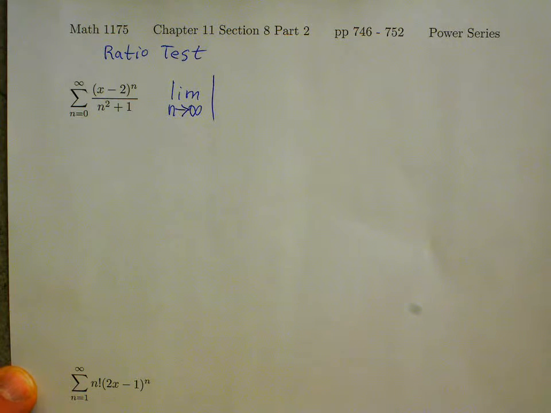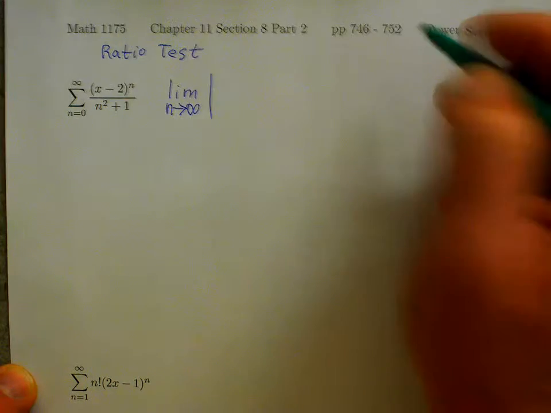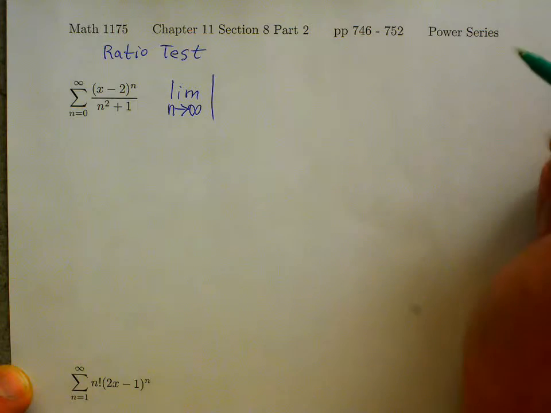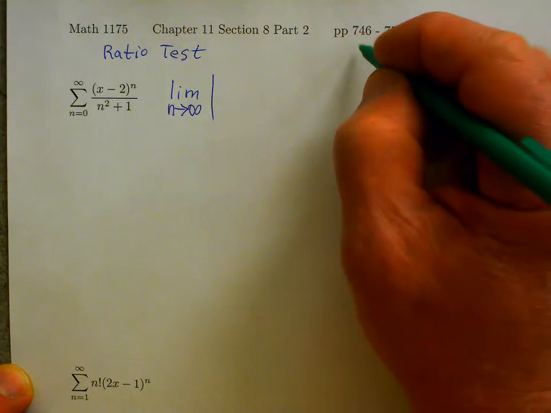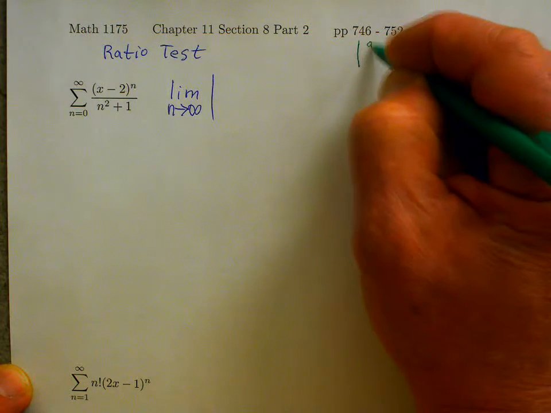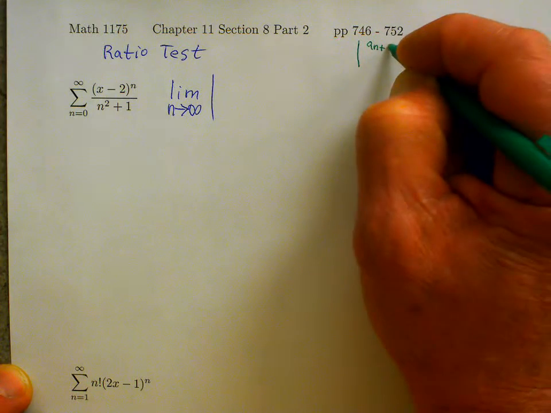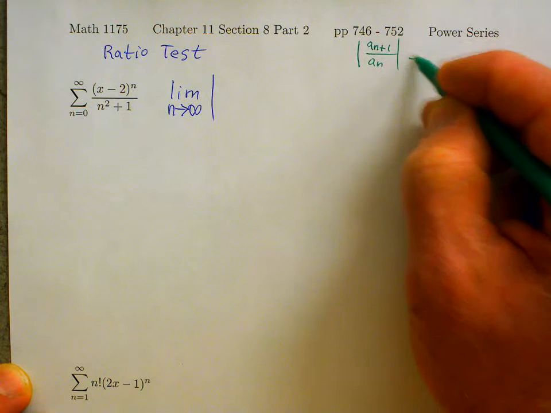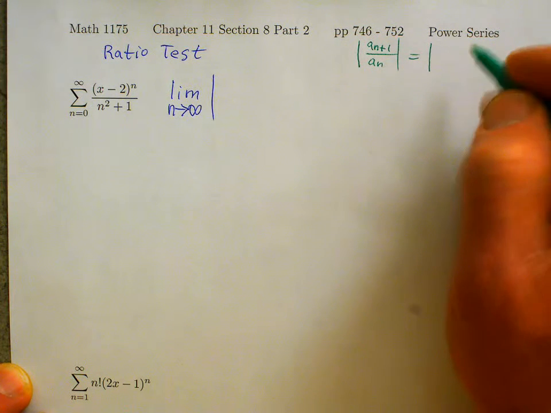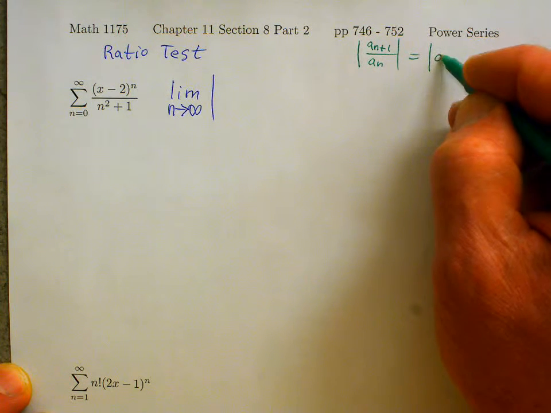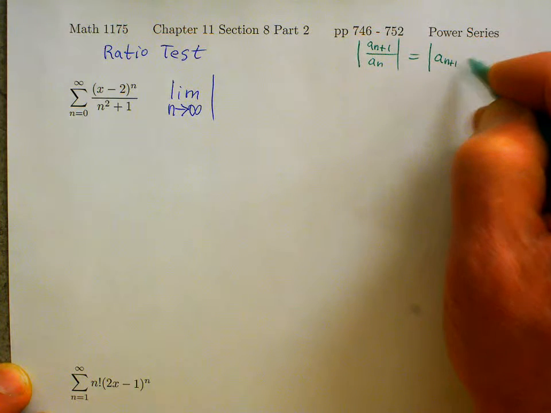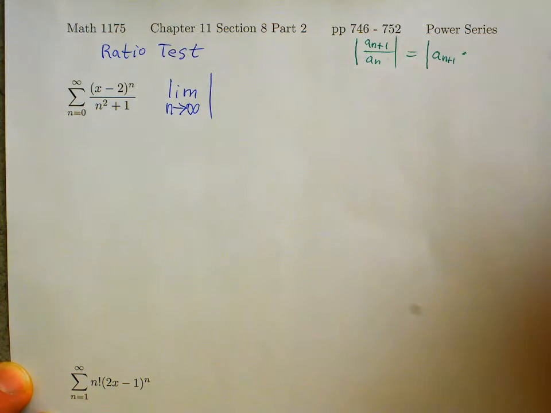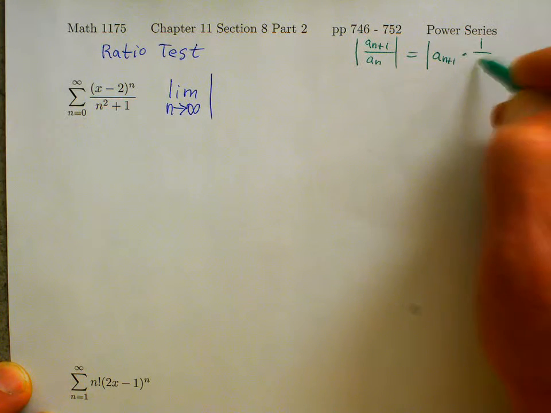Just in case it helps, if we take the absolute value of the n plus first term divided by the nth term, that's equivalent to multiplying the n plus first term times the reciprocal of the nth term, which is 1 over a sub n.